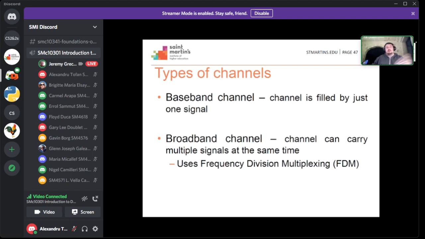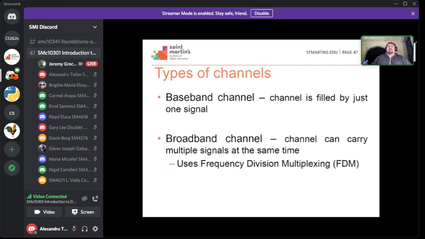So if you knew you were communicating over a high frequency, you would remove all of the other frequencies so that you can focus on the data for the higher frequencies. Essentially, that is the way that you would have multiple communications traversing the same wire, or the same medium, at the same time.